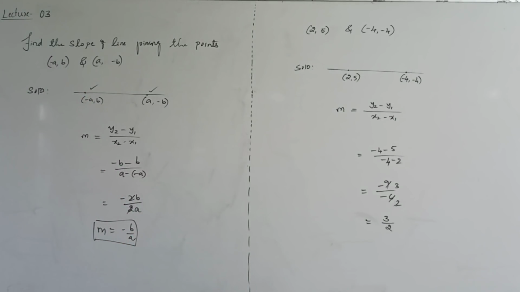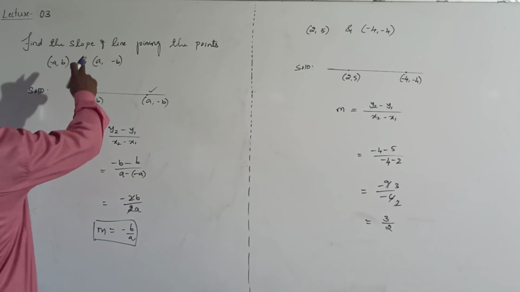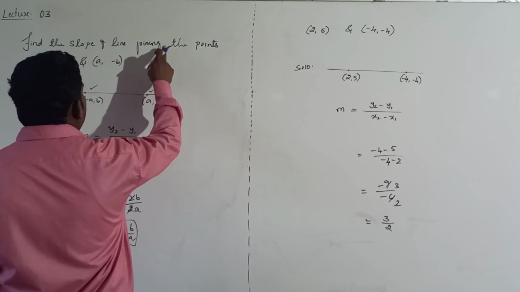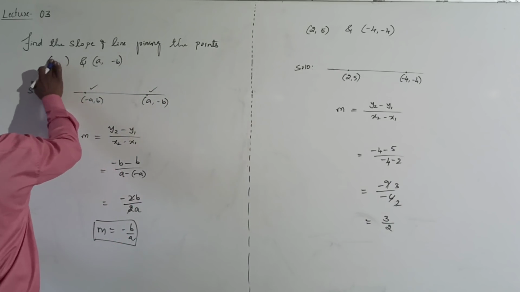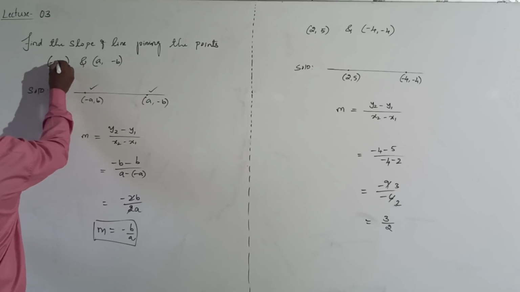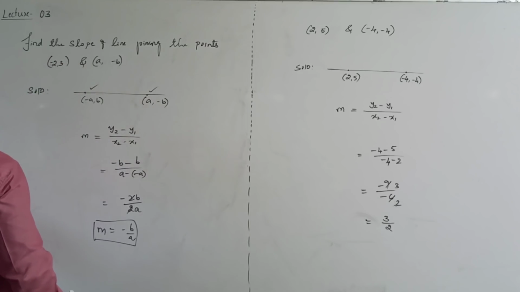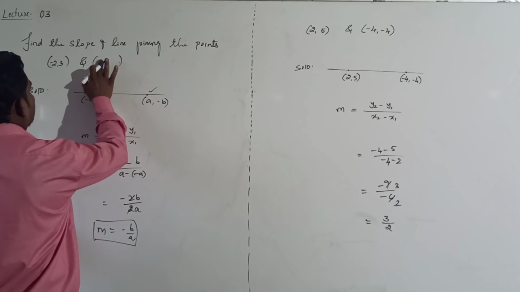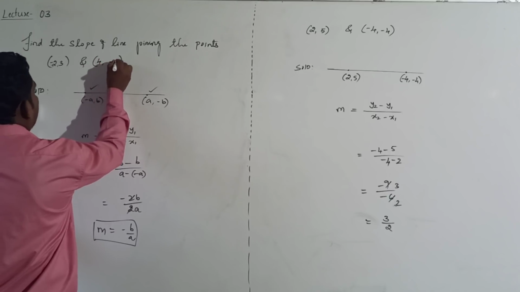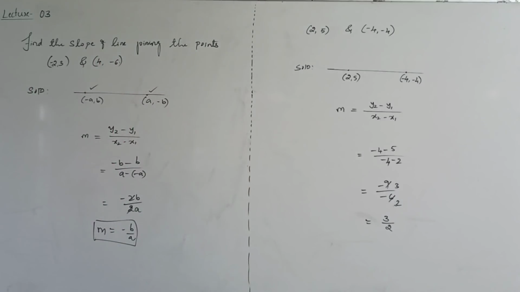Next one, find the slope of line joining the points minus 2 comma 3 and 4 comma minus 6, right?